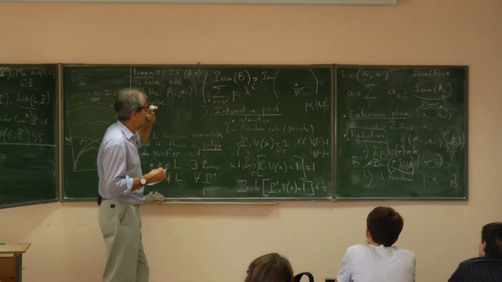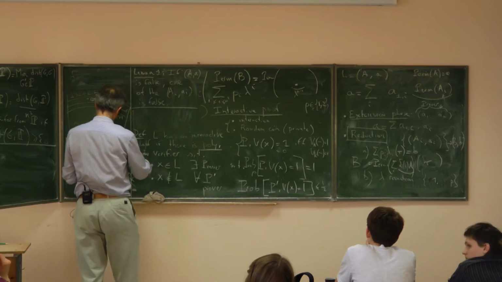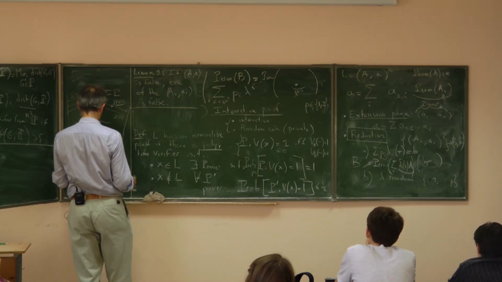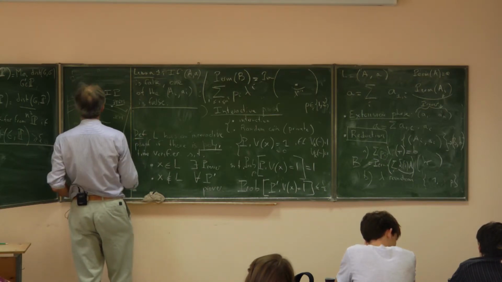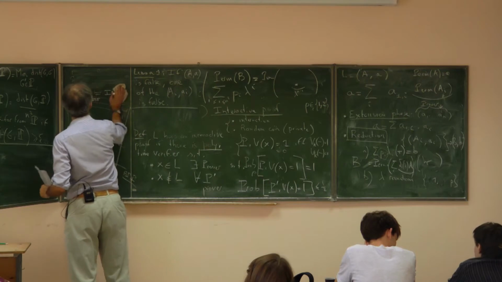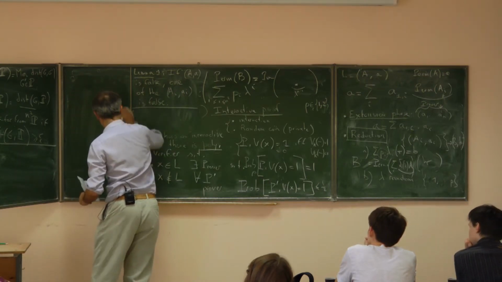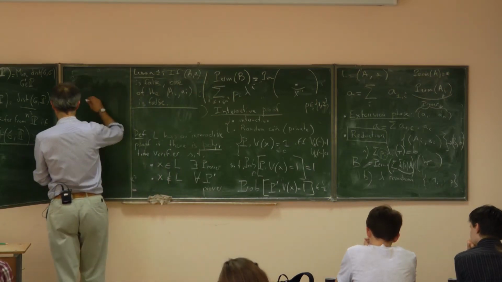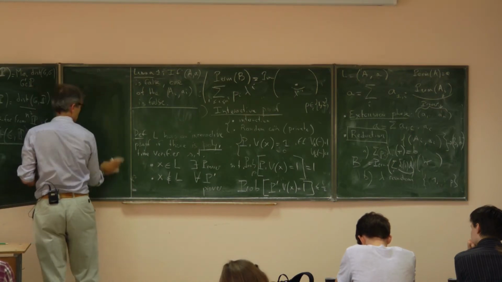All right, so that will be the lemma 2. All right, so maybe in the end I will erase this. Okay, so this is of course a key to the protocol.